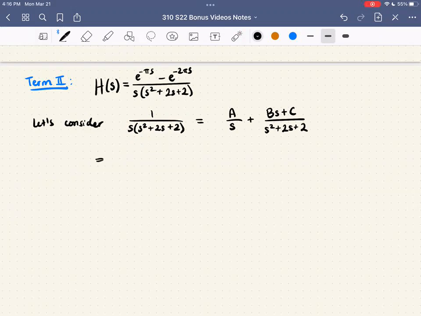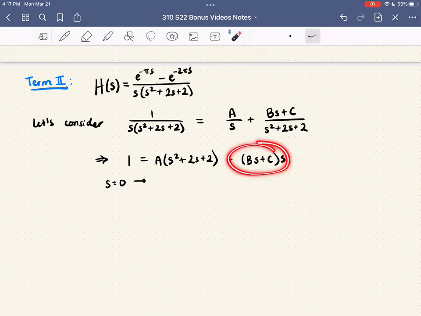Now if we get common denominators, this tells us that 1 is equal to A times s squared plus 2s plus 2, plus Bs plus C times s. Well, if I plug in s equals 0, that would knock out this term, right?